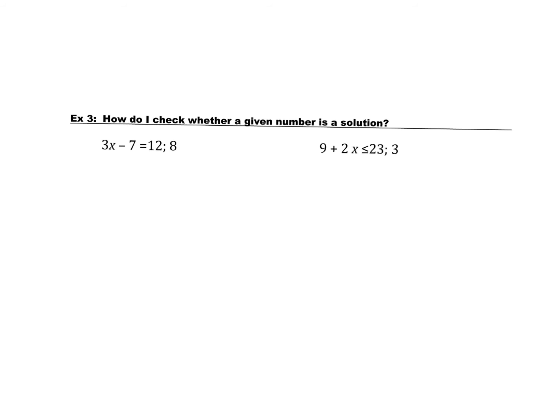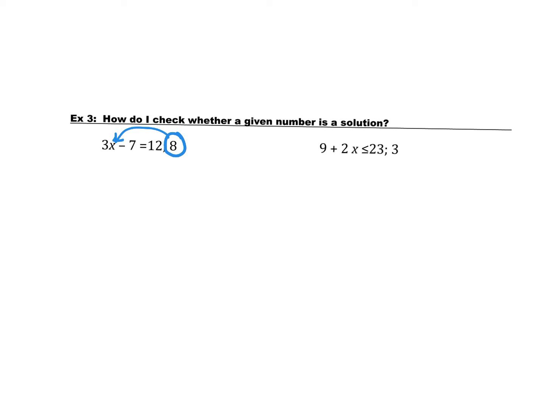All right, in this next example, we're going to look at how to check whether a number is a solution to our equation or inequality. And so what we're doing is we're taking this 8, we're saying that 8 is x. And so we're checking to see, is 8 a solution to 3x minus 7 equal to 12?